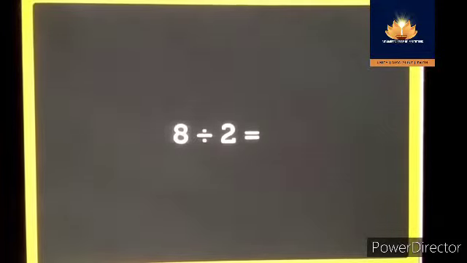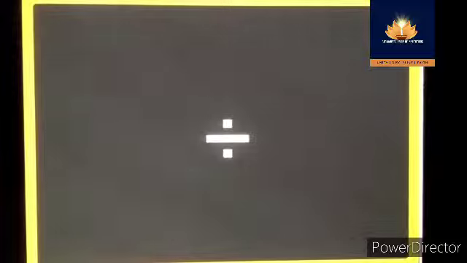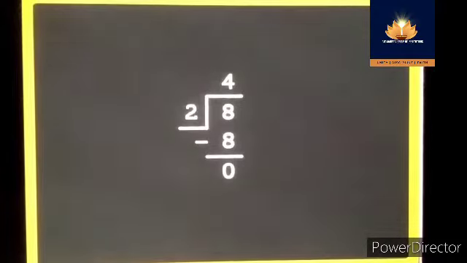We write it as 8, symbol of division, then 2, put equal sign, then the number 4. We read it as 8 divided by 2 equal to 4. This is the symbol used to show division. So look at this solved example on division.